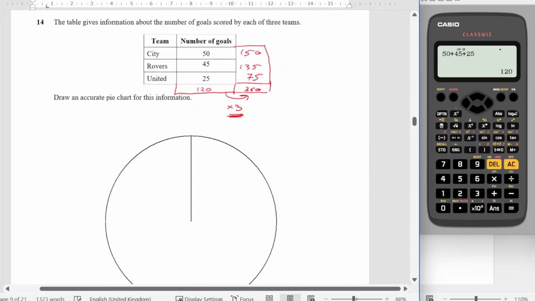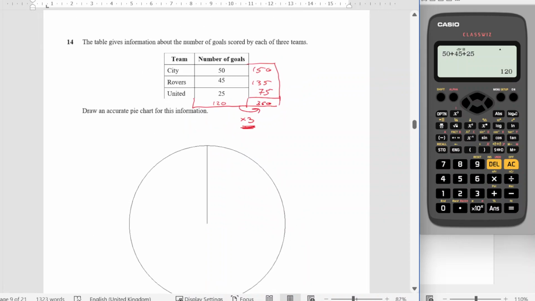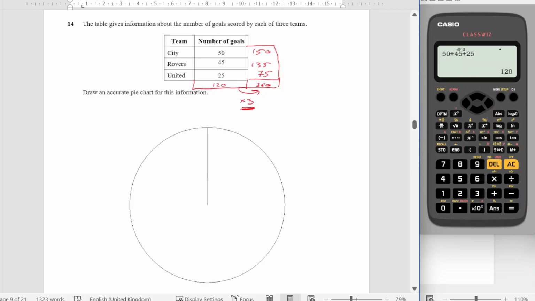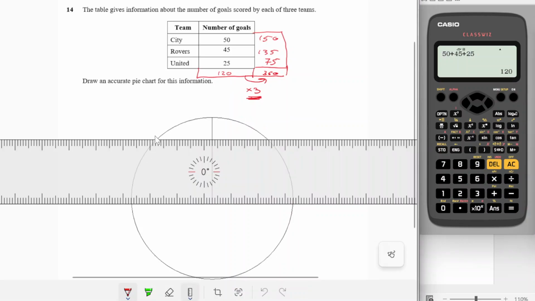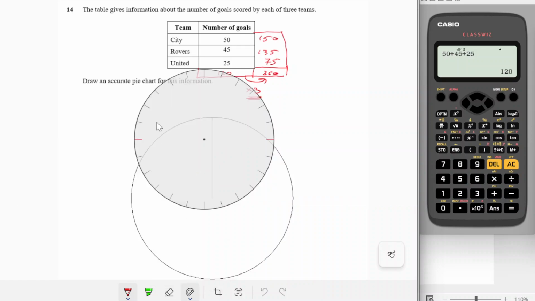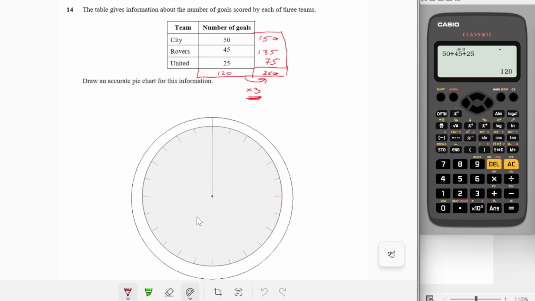So let me get my sizing right, and then I'm just going to take this over to a different program. Okay, so I've just brought it over here because I can almost bring up a protractor. So I've got my 0 line marked on my pie chart already, and I want to measure a 150-degree angle. So I put my protractor on the center of my circle, and then I'm going to measure 150 round.